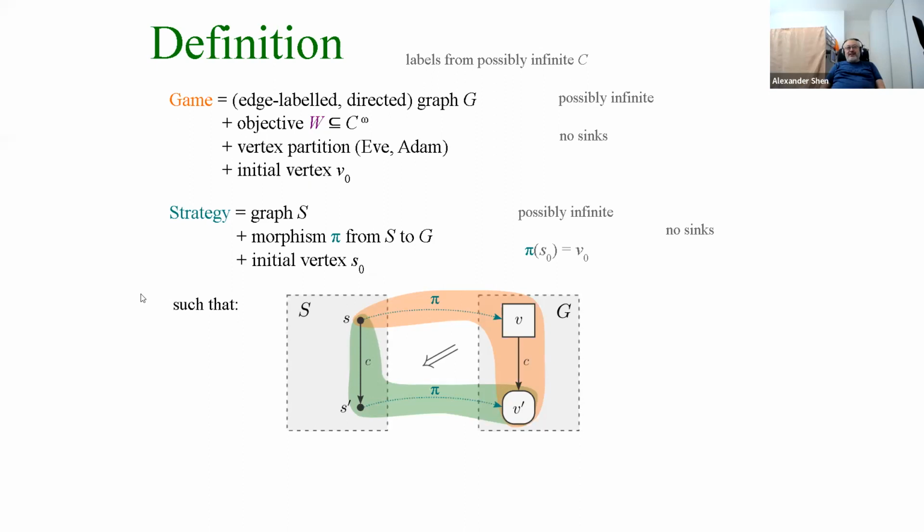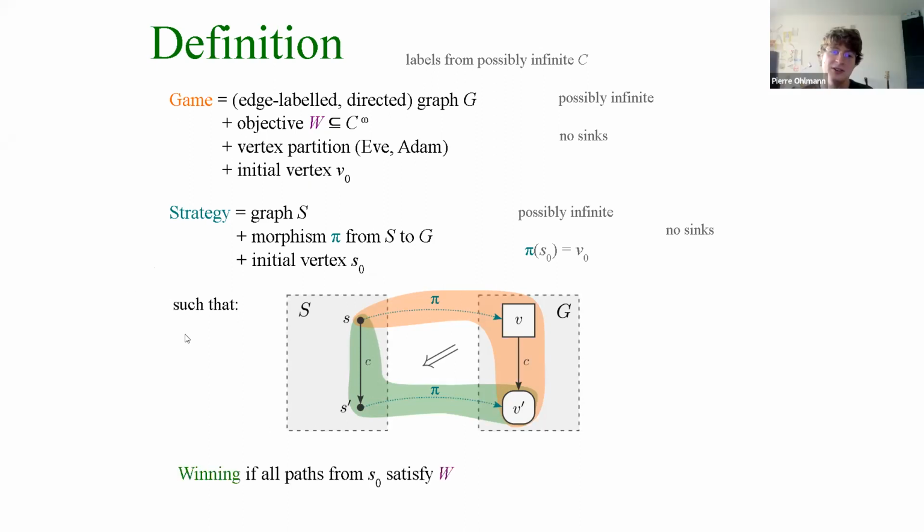Okay, good. So that's a strategy. The strategy is winning if all the paths from the initial vertex satisfy the objective. Yeah, so again, let me stress this again. This is the objective for Eve. So when we play a game, the opponent's objective is the complement of W, right? But we will really specifically be interested in Eve and not Adam.